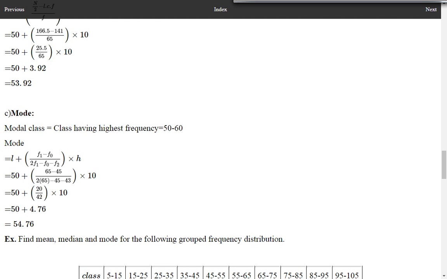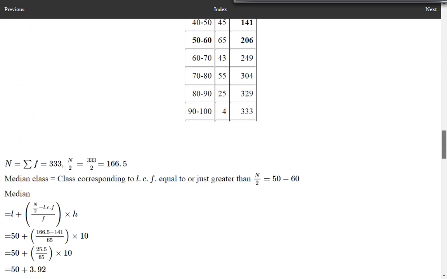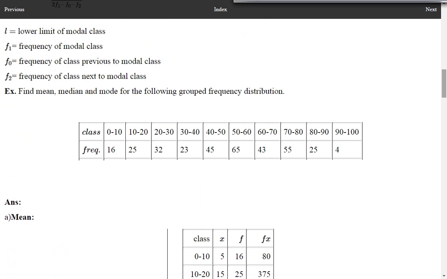So let us see how to find F0, F1 and F2. Now as I explained to you, the modal class is 50 to 60. So F1 is 65. F0 is equal to 45 and F2 is equal to 43.